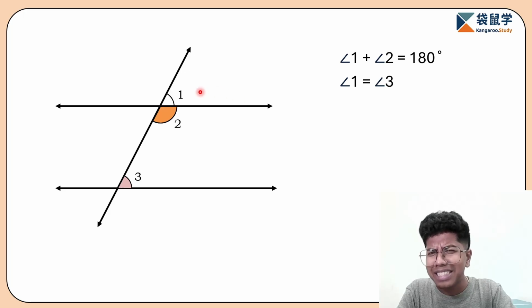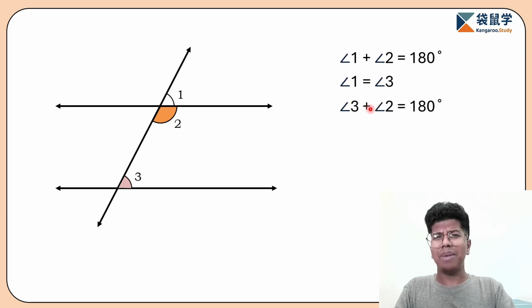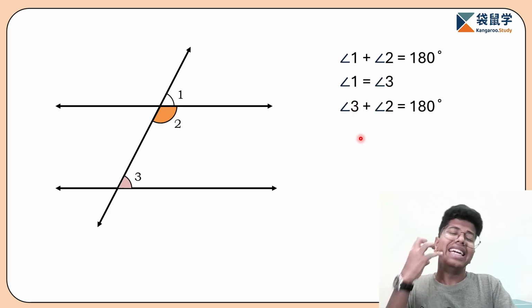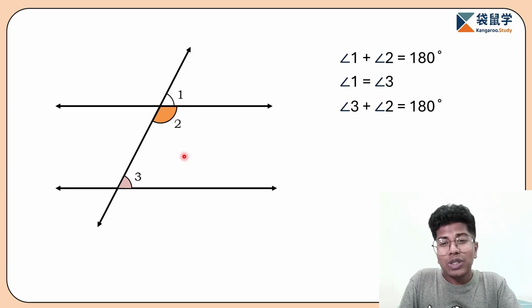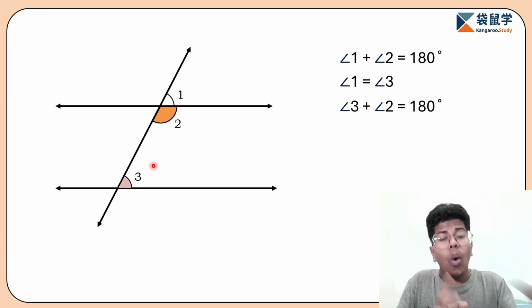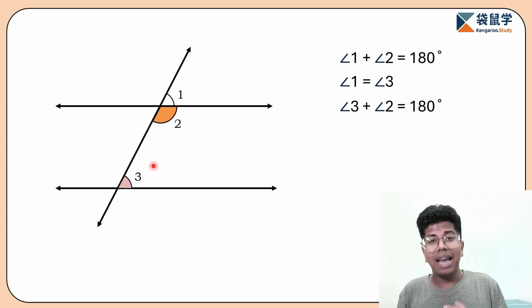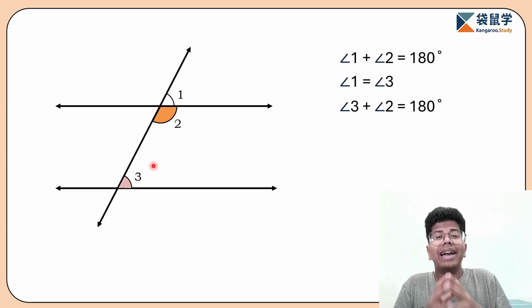And if angle 1 equals angle 3, then angle 3 added to angle 2 is equal to 180. So the two angles which are present within the parallel lines add up to 180 degrees.